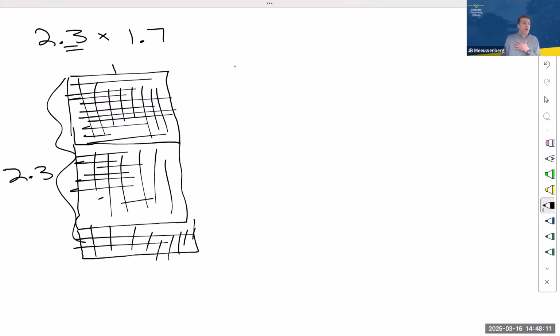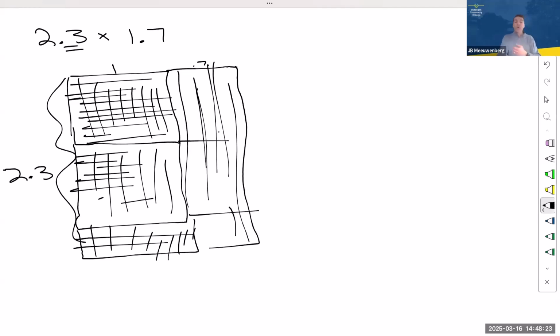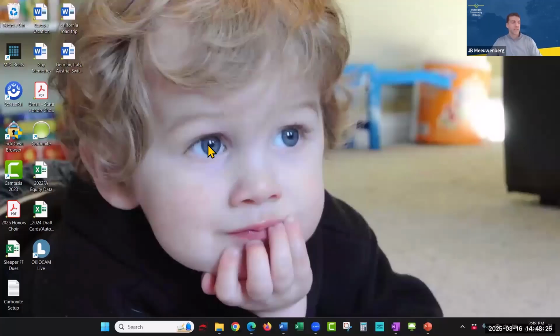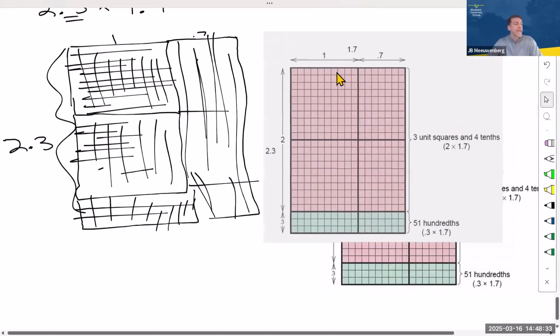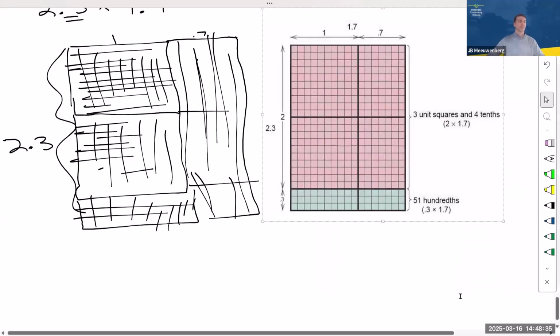We already have 1 here, so we'd have to go another 0.7 this way. So we'd extend these, and this would be 0.7. Here's what that's going to look like when we make it nice and neat. That's much prettier than my diagram.